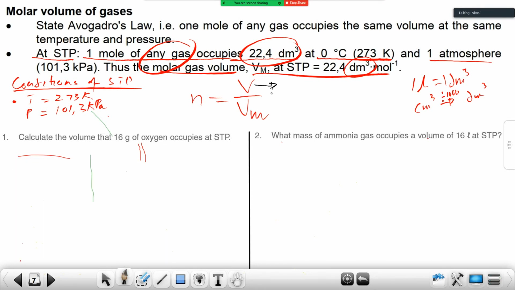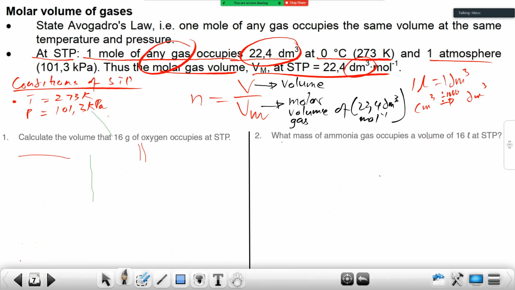This V here is just the volume, and Vm is the molar volume of a gas, and this is 22.4 decimeter cubed per mole. So this is basically all that I need when I am given the molar volume of a gas.